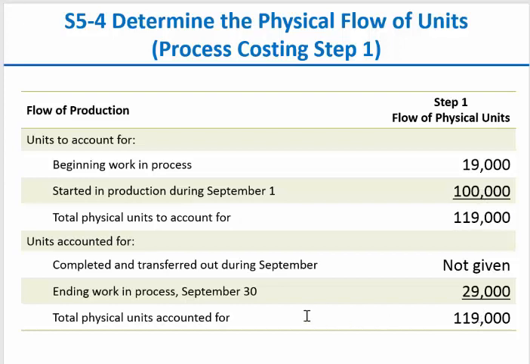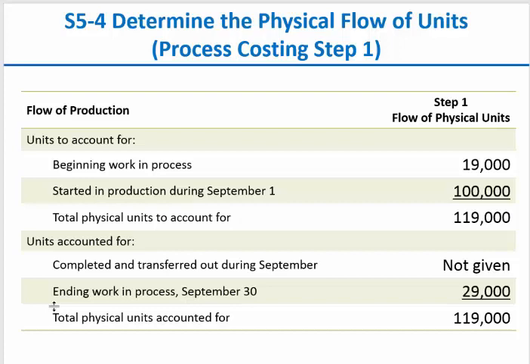So now you can do a little bit of backward calculation. I call that a backward calculation because you have the total physical units accounted for first, then you go back to find the missing data. In this case, we know that we are going to work on 119,000, and we have 29,000 units left in the ending work in process inventory. So what's the difference?